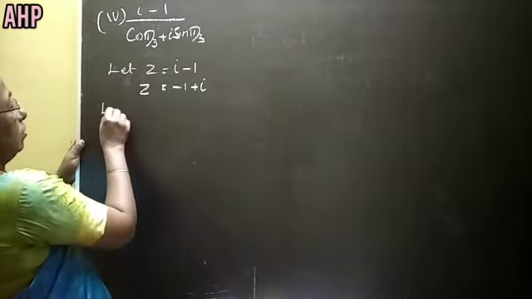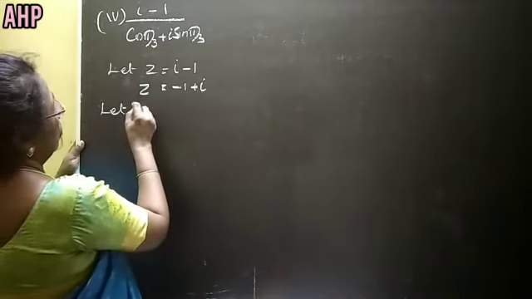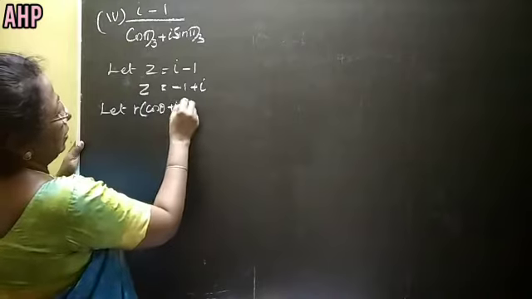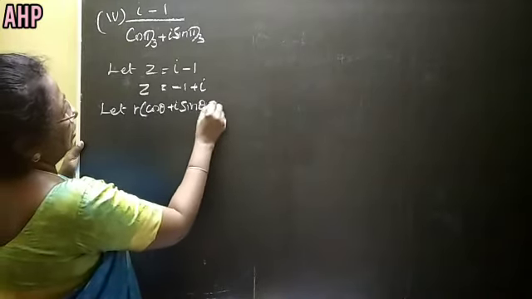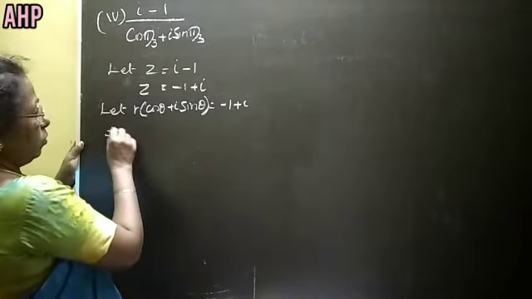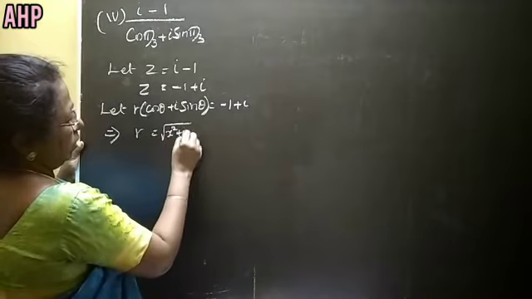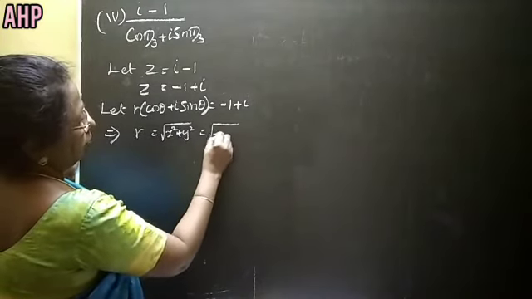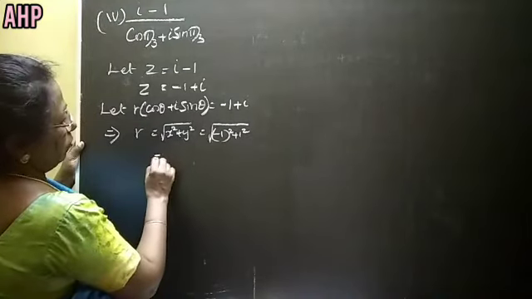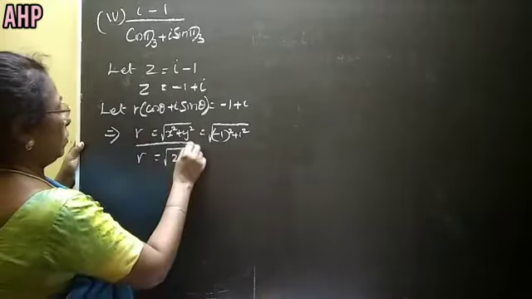So let z is equal to R into cos theta plus i sin theta, and that is equal to minus 1 plus i. This gives you R is equal to root of x square plus y square. This is equal to root of minus 1 the whole square plus 1 square. This is equal to root 1 plus 1, root 2. So R is equal to root 2.